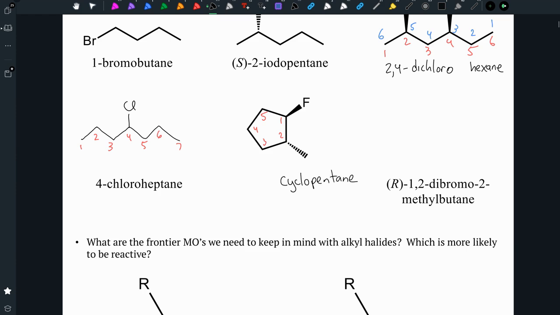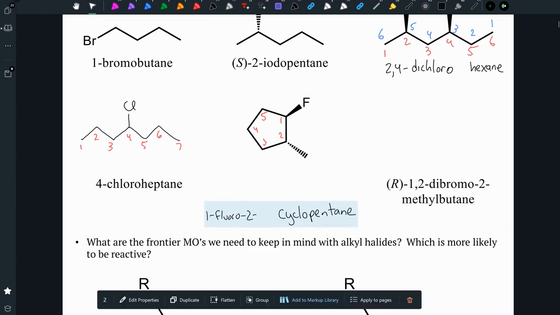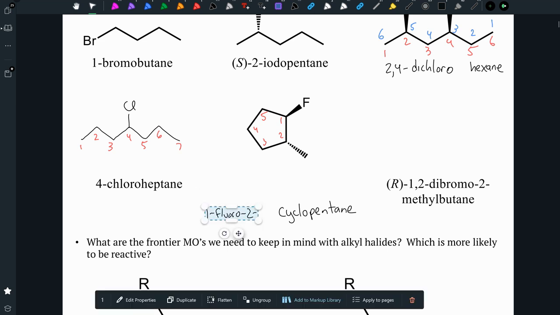And then I have on carbon 1 a fluoro group, on carbon 2 a methyl group. So this will be 1 fluoro, 2. Oh, and I have the luxury of moving this down to give myself some more space. 1 fluoro, 2 methyl.